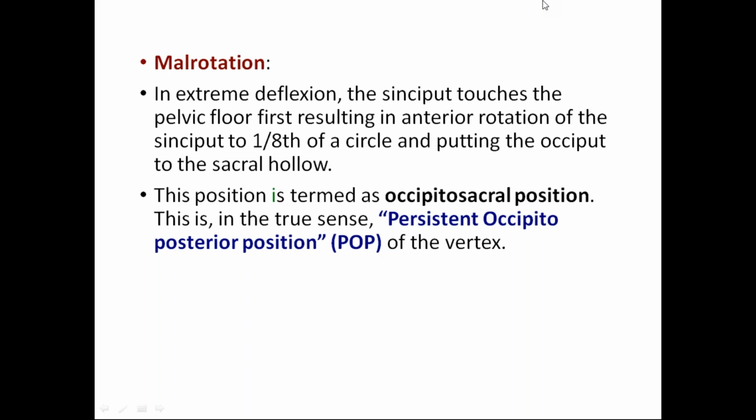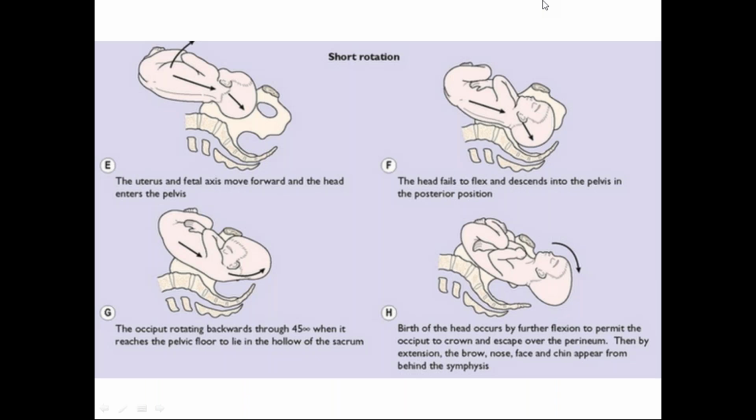So it will be direct occiput posterior arrest. Here you will see short rotation. Instead of rotating anteriorly, it will move posteriorly. Here again the occiput occupies the hollow of the sacrum. So again two things: either it will be arrested or the baby will deliver face to pubis.